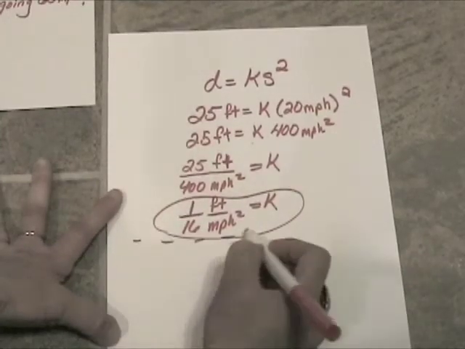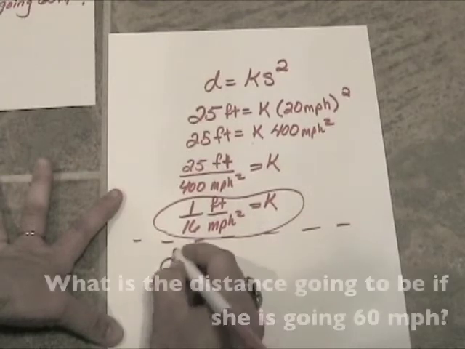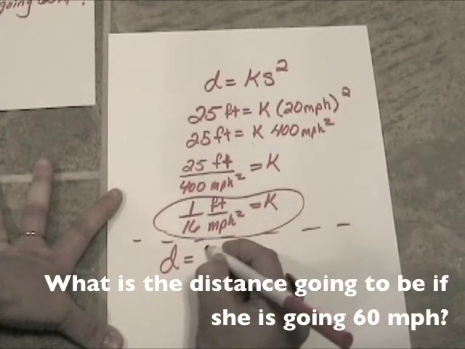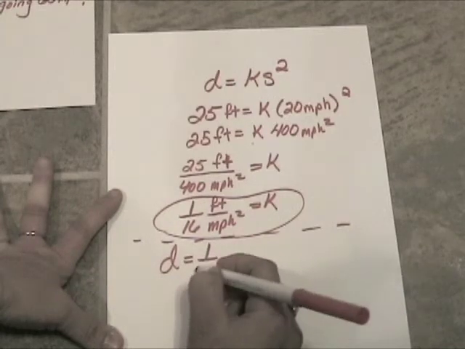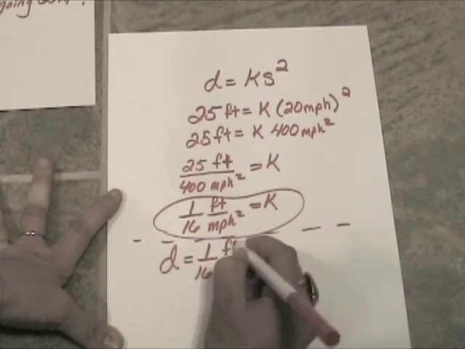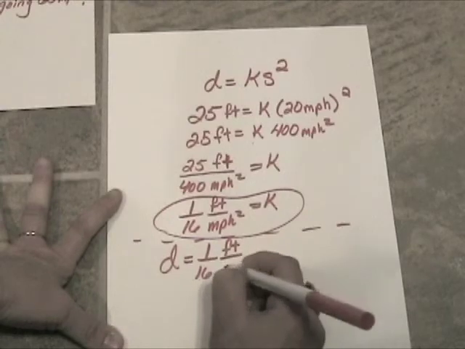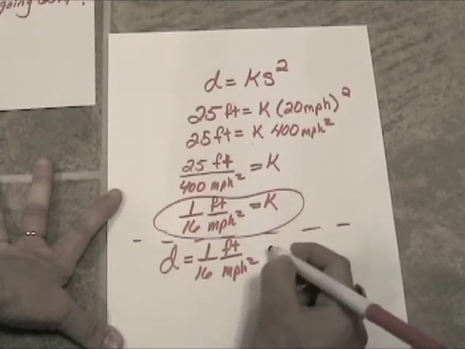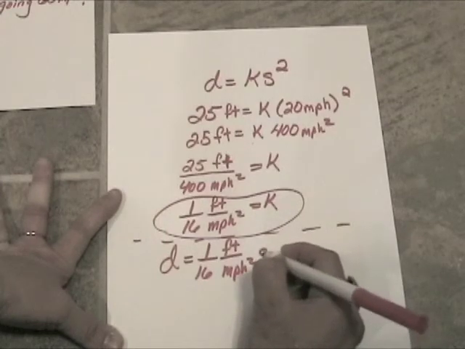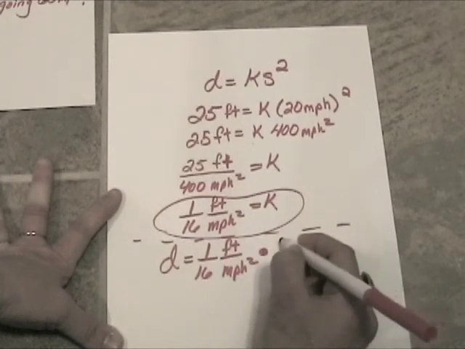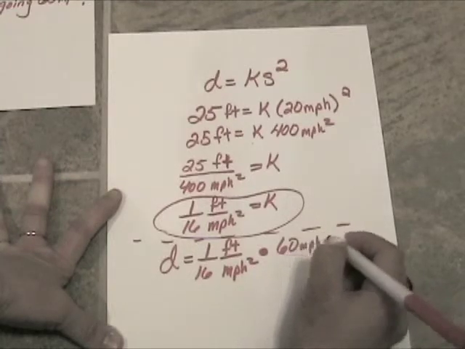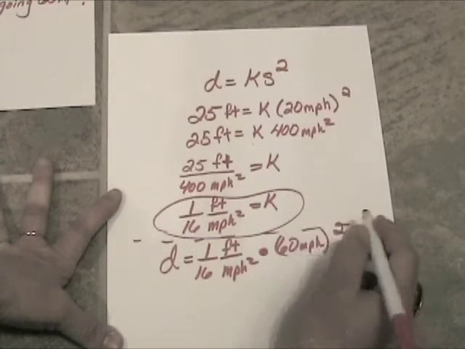Okay, so let's do that. We want to know what the distance is going to be if she's going 60 miles per hour. So let's put our constant of variation in, 1/16 feet per miles per hour squared. Now we're going to multiply that times, she's going 60 miles per hour, so 60 miles per hour squared.